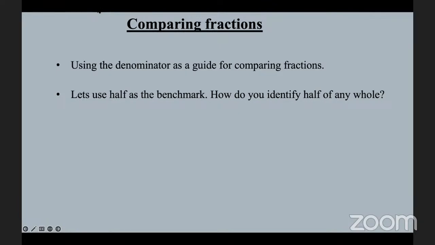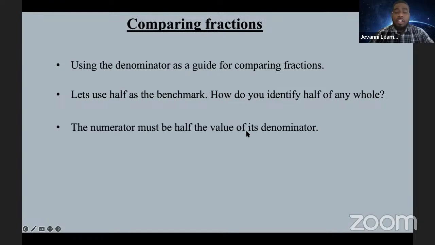And we want to emphasize the notion of saying 2 equal parts, right? So we look at the denominator and we find out that it's 2 equal parts. All right, fair enough. Now, our next thing that we must be accustomed to or know is that the numerator must be half the value of its denominator.